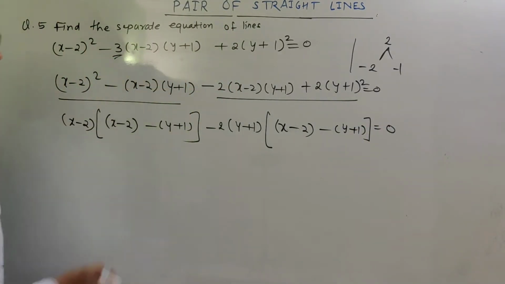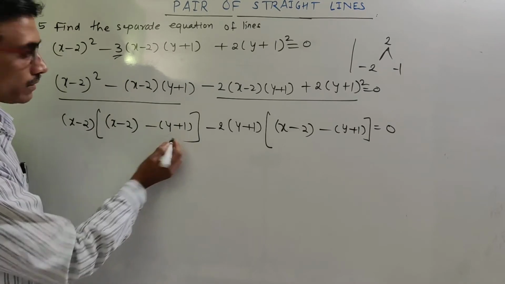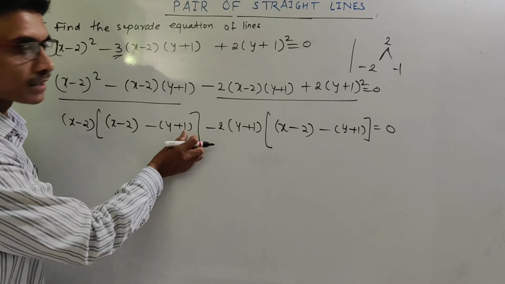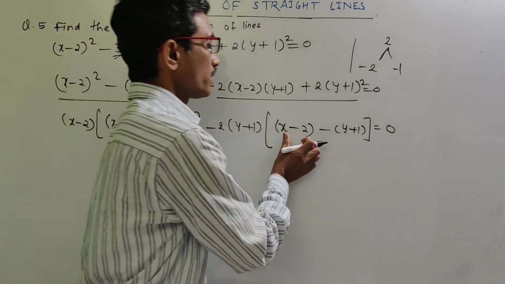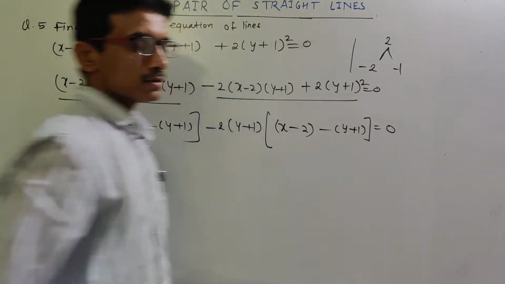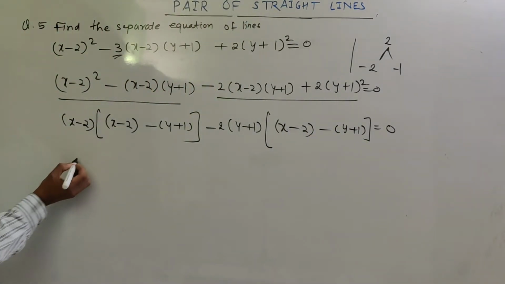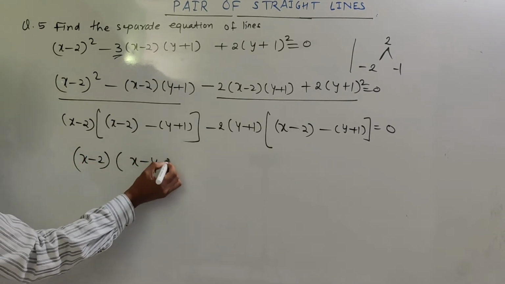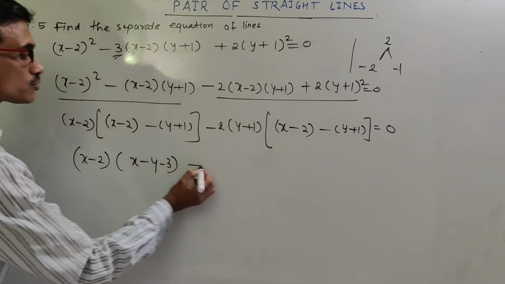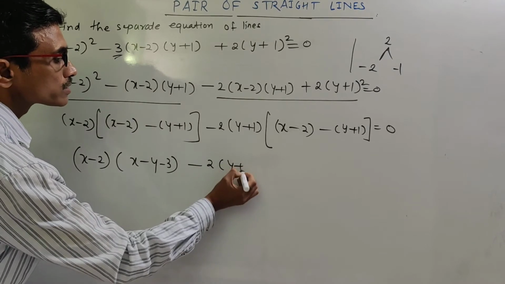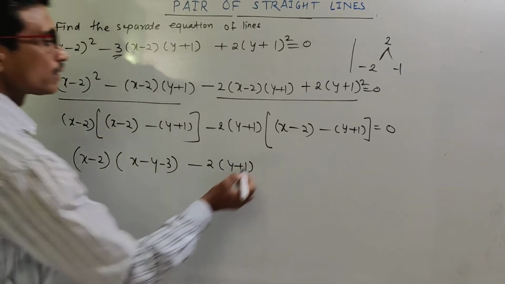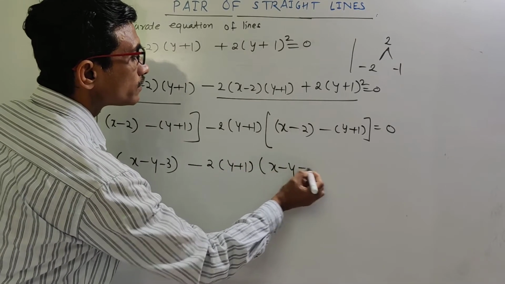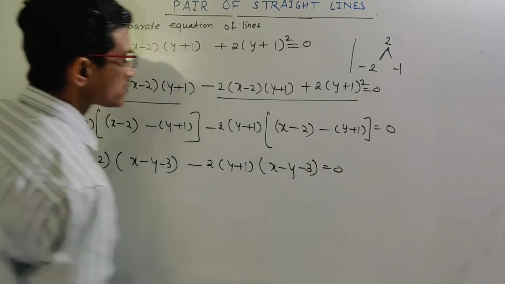So simple. Here x minus y and this minus 2 and minus 1 minus 3. यहाँ पे x minus y and this minus 3. So x minus 2 into x minus y minus 3 minus 2 times of y plus 1 into x minus y minus 3 is equal to 0.